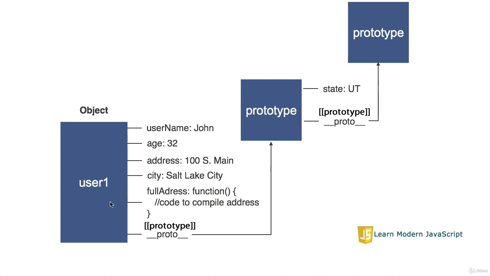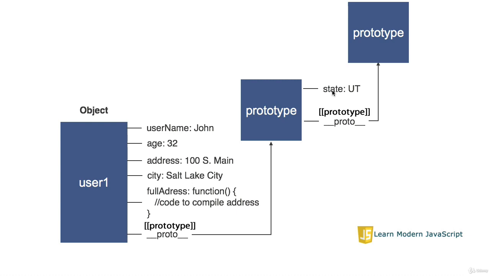Now, if in our code we were to refer to user1.state, what would happen is the JavaScript engine would first look on this object, the object we've defined. It would look for a property of state. If it can't find it, it would then follow the prototype link to the next object that is linked and look for a property of state there.